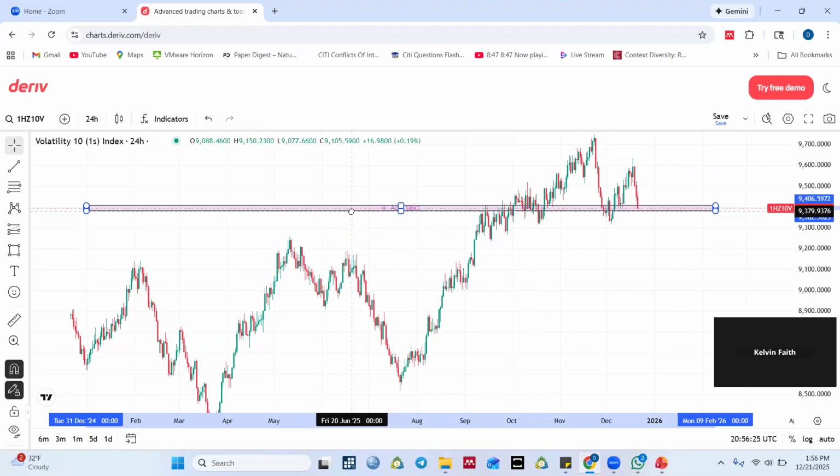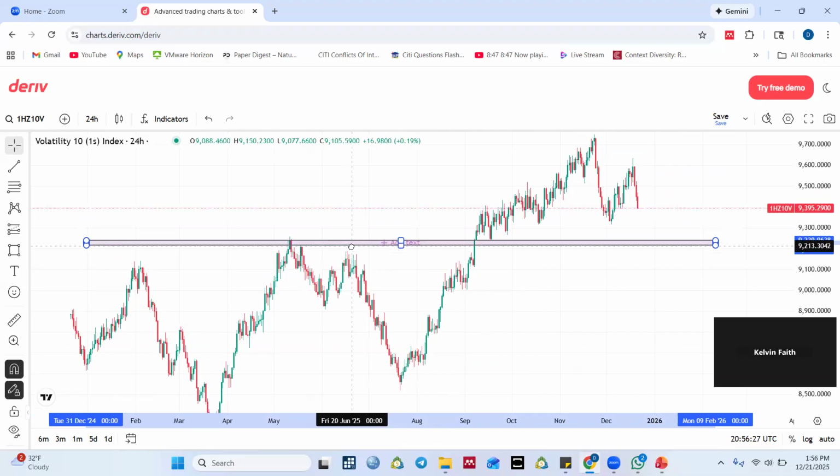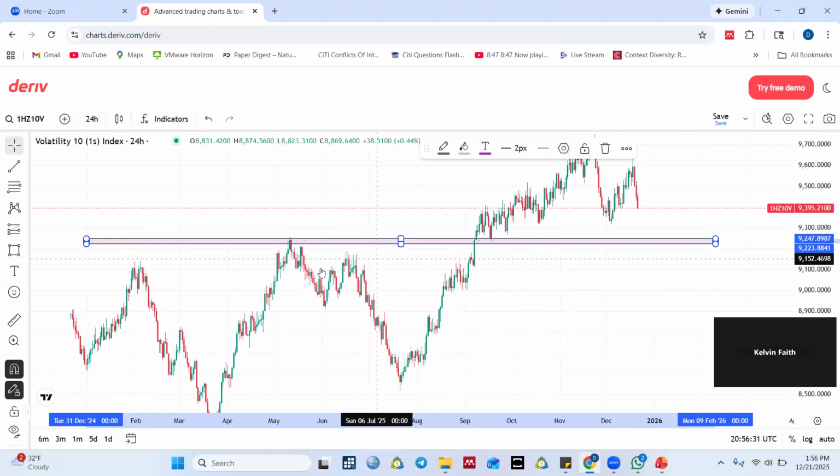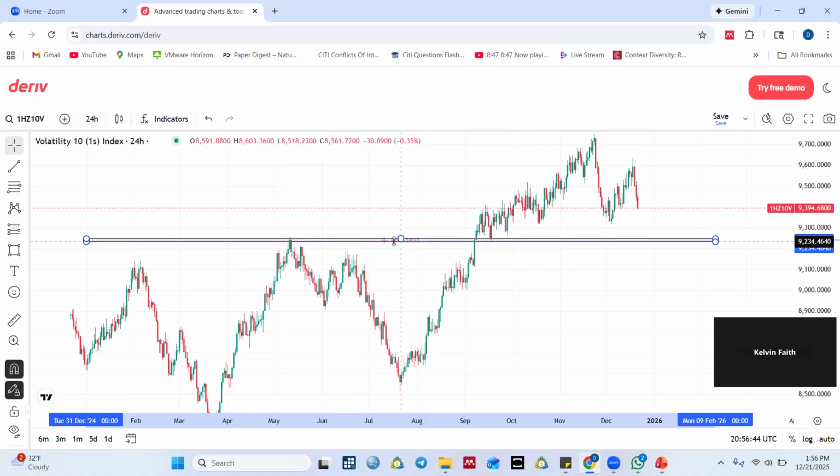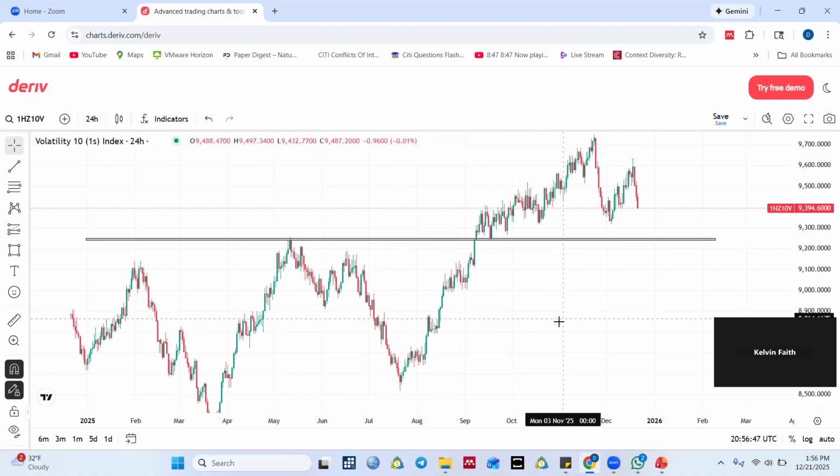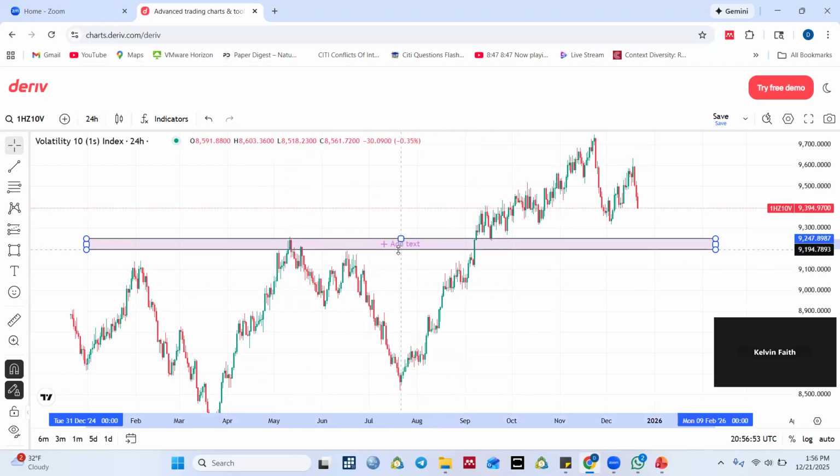When the market went above to here, it came back and dropped exactly to this point before going up, and that point matches with the tip here. So when I refine the zone or make it smaller, I can have an exact point.